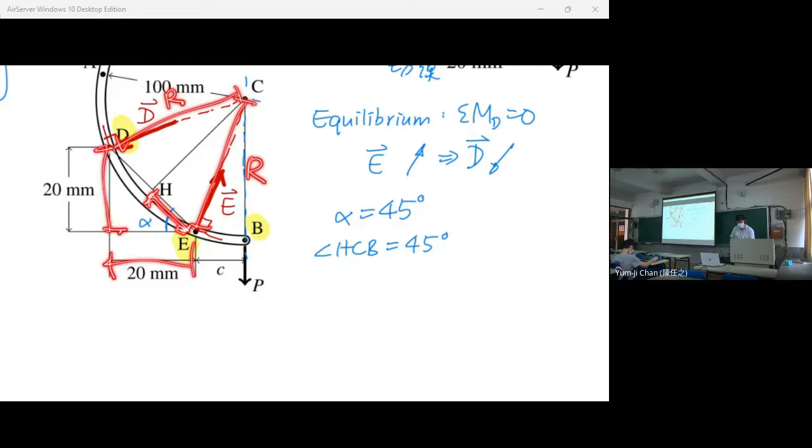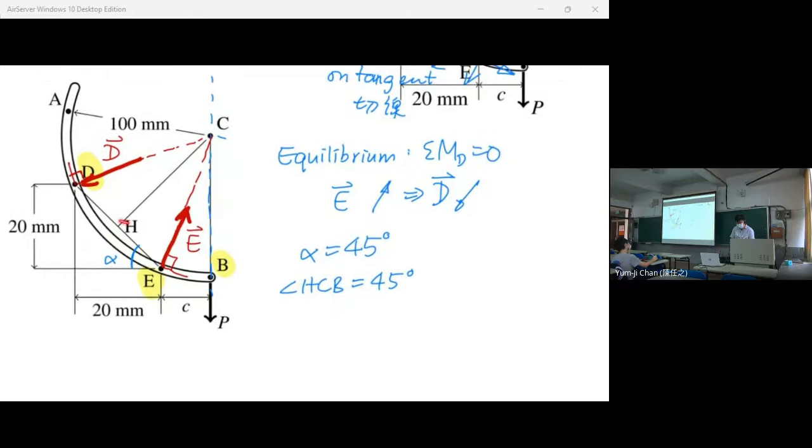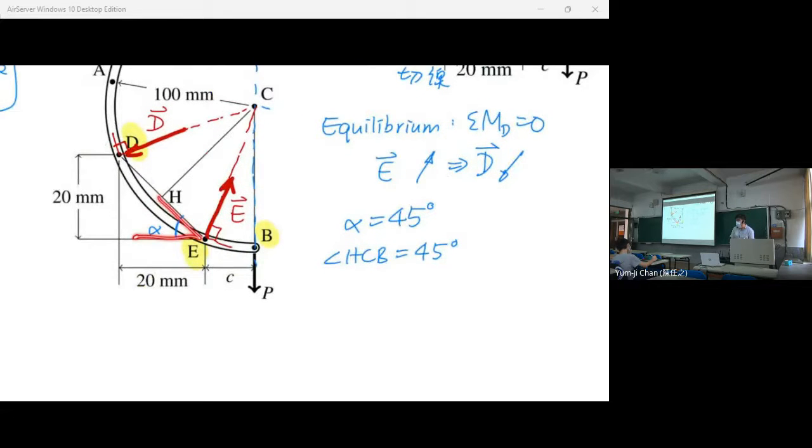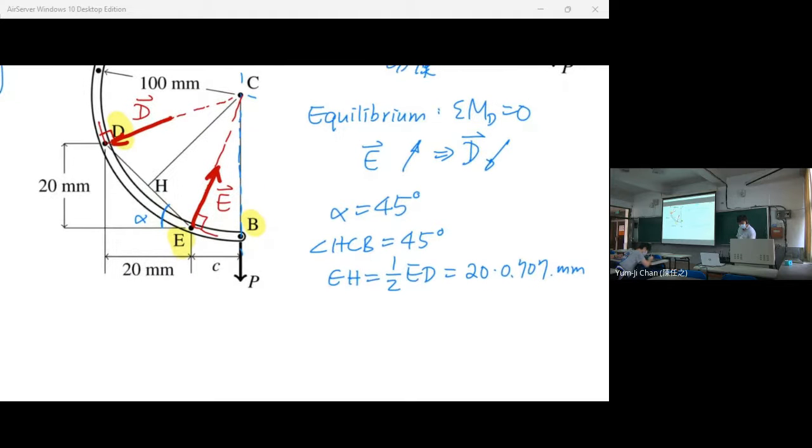And because this angle is 45 degrees, EH is equal to half of ED, which is 20 times 0.707 millimeter.